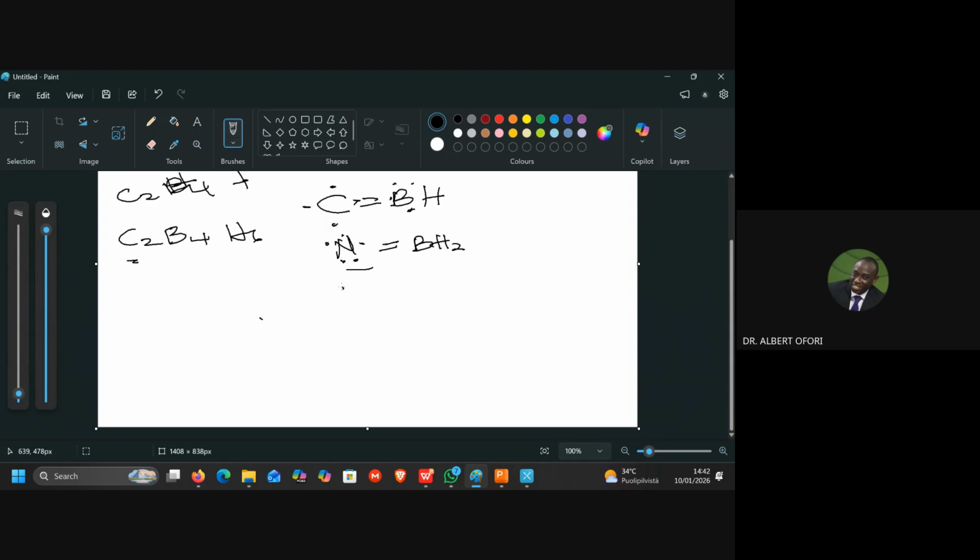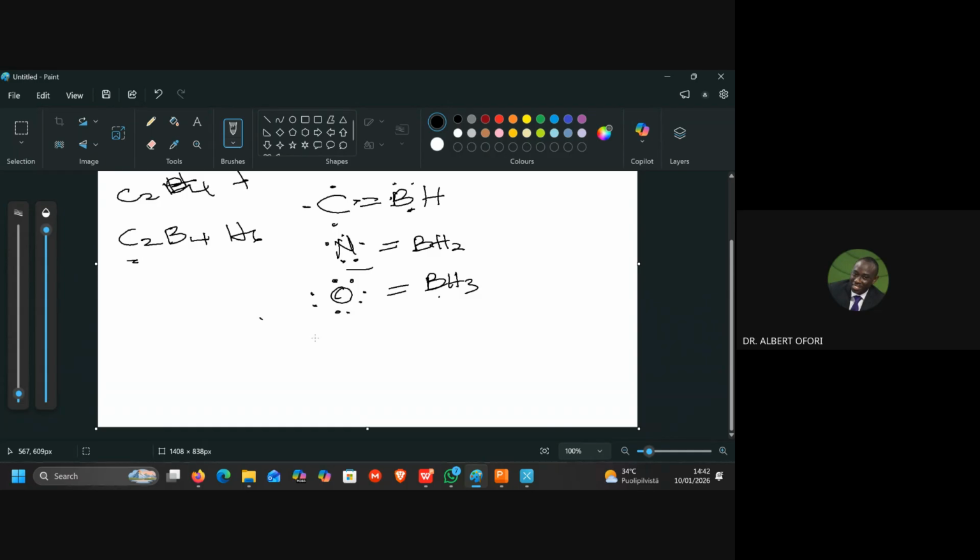If I take oxygen, oxygen has 6 electrons at the valence. Can you tell me its borane equivalent? That will be BH3: 1 borane, 3 hydrogens. That's a borane equivalent.